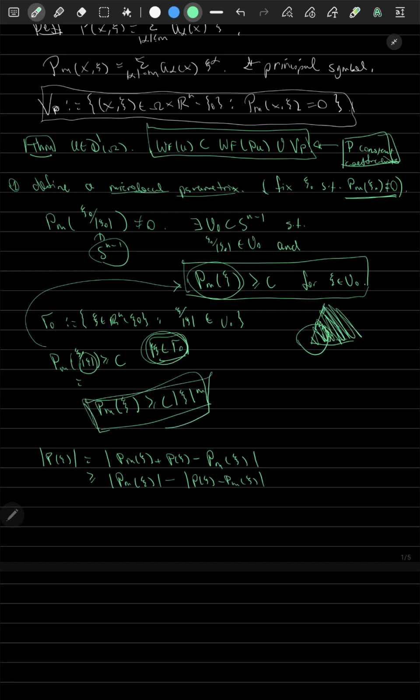By this bound here, we can bound this guy below by C xi to the m. And now to get a bound below on this entire expression here, we would need to get a bound above on this guy, right? Because we have this minus sign here.